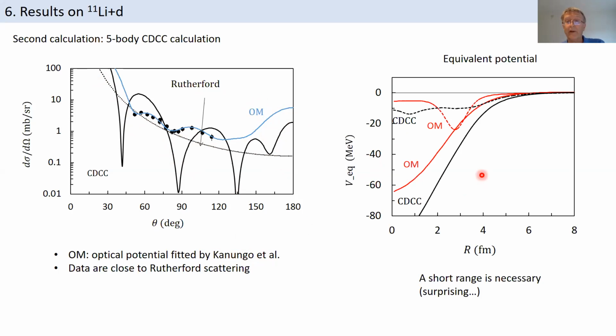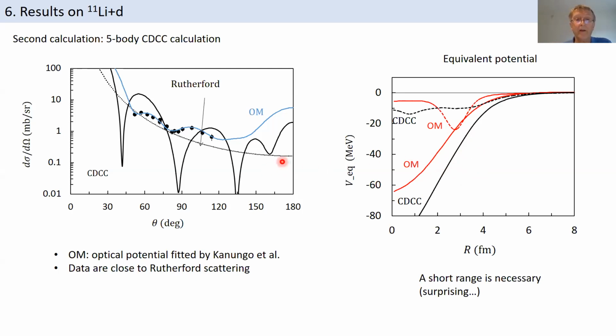So here you have the equivalent potential. So the black curves are the CDCC calculations, and the red curves are obtained by the fit of Kanungo et al. And here you see that the optical potential has rather short range, much shorter than the CDCC.